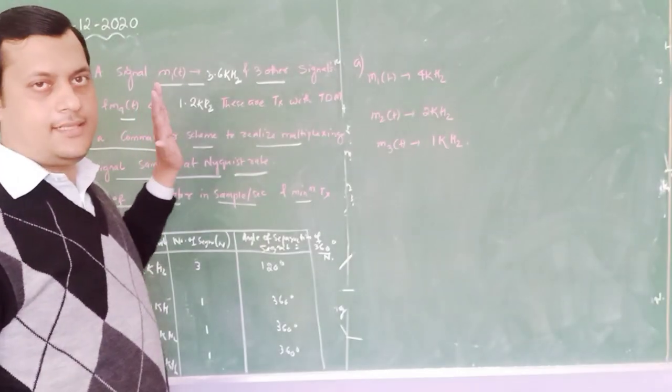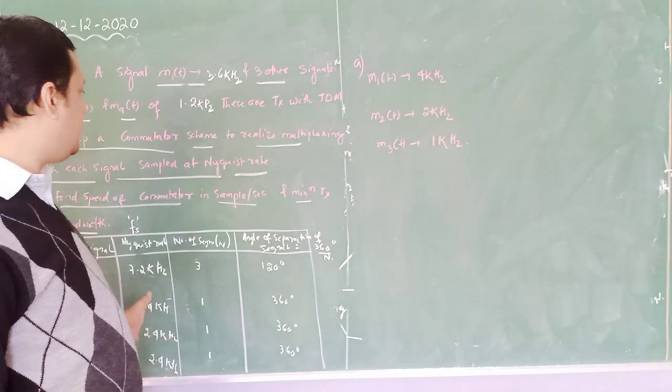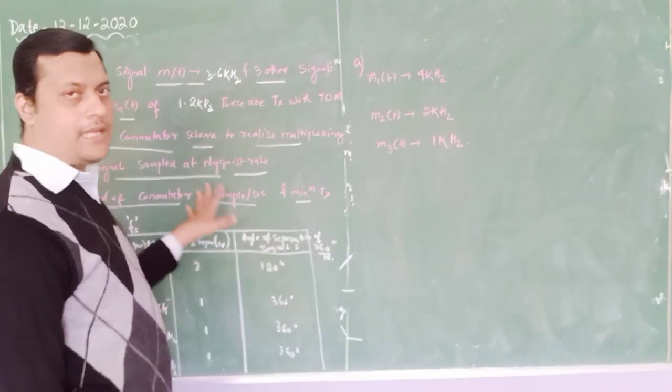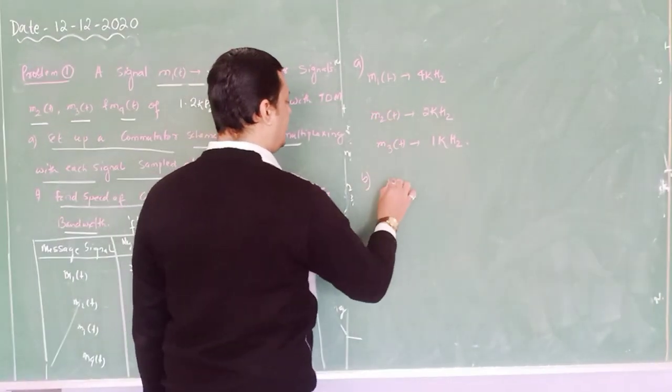Same question: design your commutator, find out the table of the sampling Nyquist rates, find the speed of the commutator, samples per second, and minimum transmission bandwidth. This is the first.